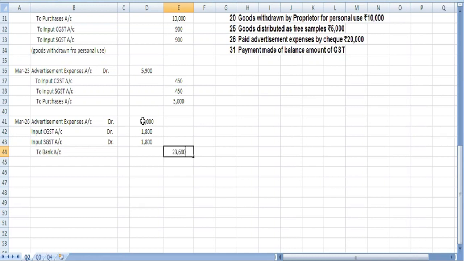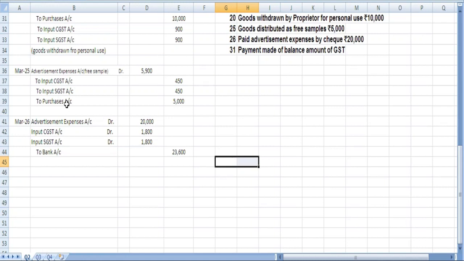Okay, now if you see here also we have written advertisement expense because this is a free sample. This free sample we have written as advertisement expense, but here we have written to input CGST because this is from the purchase we are taking it.